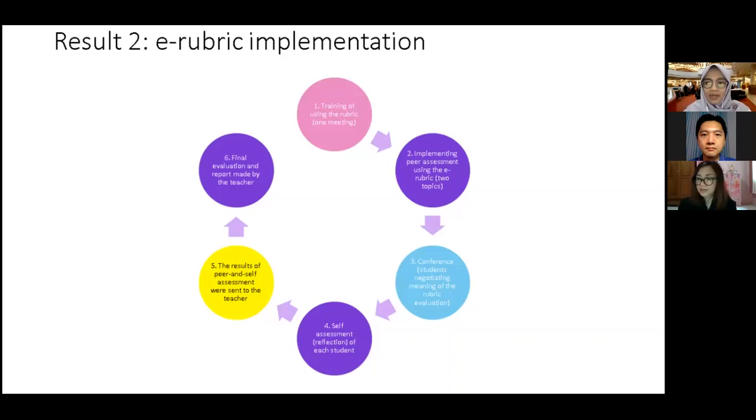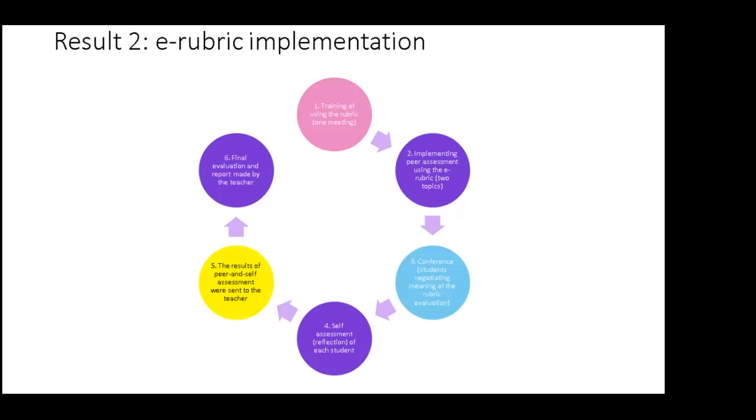Then after the conference, each student needs to reflect on their learning. The objective of the self-assessment here is that each student is able to figure out their strengths and weaknesses, and in what room they are able to improve again. So the result of the peer and self-assessment is then sent to the teacher. And then the last stage is that the teacher makes the final evaluation.